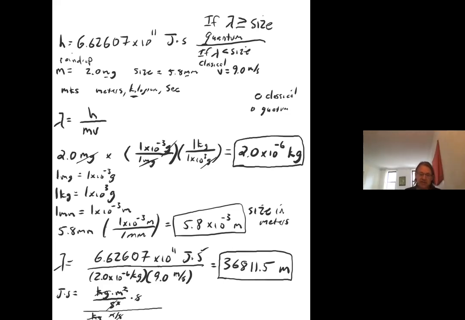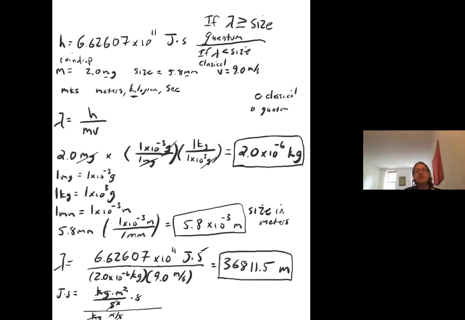Essentially, if the wavelength spreads out over a space greater than the actual size of the object, then the particle will behave like a wave. If they're equal, it will also be. But they're not going to give you ones that are on the border. They're going to give you ones where it's a big difference.